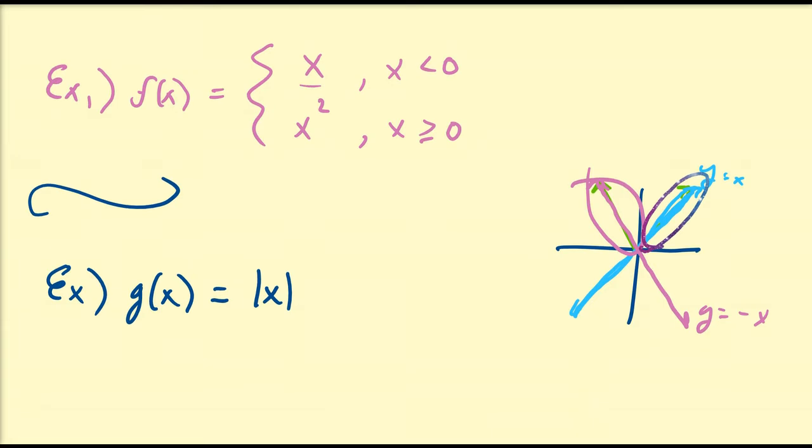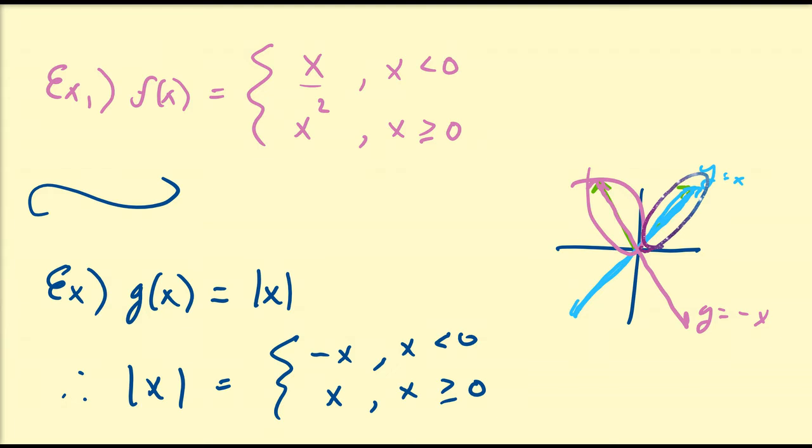Therefore the absolute value of x is equal to the piecewise function negative x for x less than 0, and positive x for x greater than or equal to 0. Again, both of these curves meet at 0, 0, so whether you put the equality sign on the left or the right does not matter in this case.